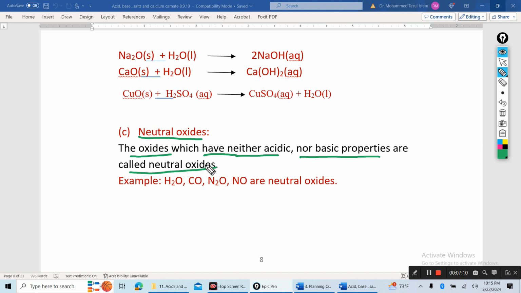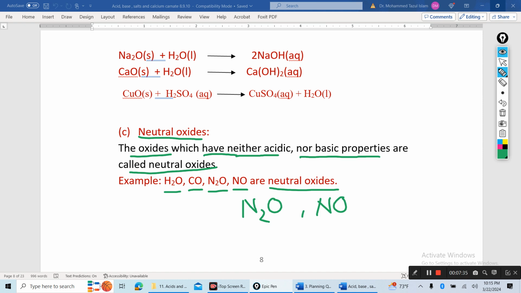And you have to learn water, CO, carbon monoxide, nitrous oxide, N2O or dinitrogen oxide you can tell, and nitrogen monoxide NO or its name nitrogen 2 oxide are neutral oxides.